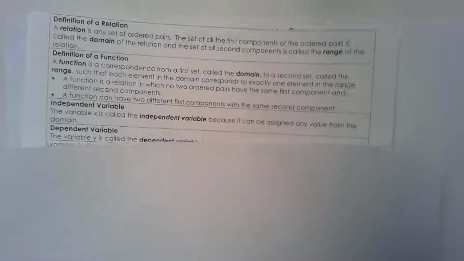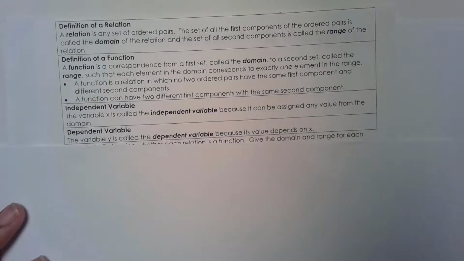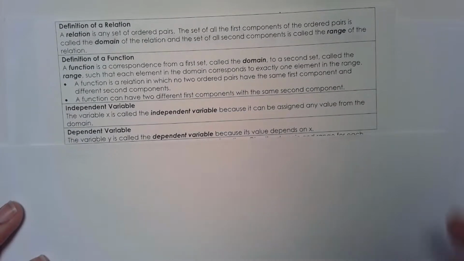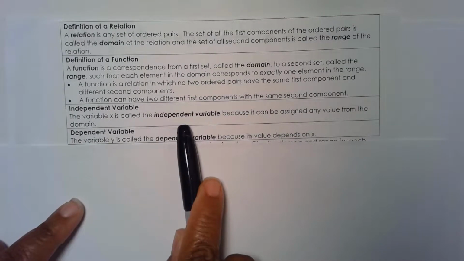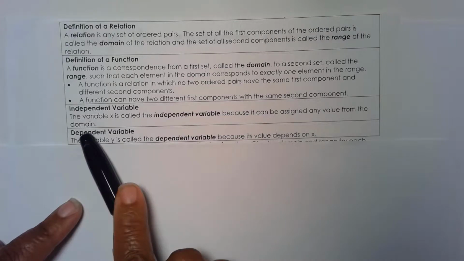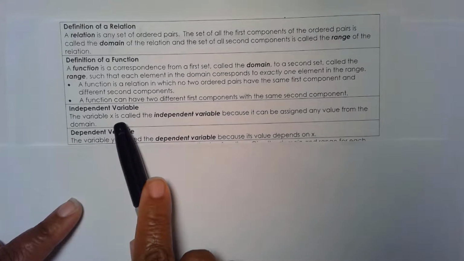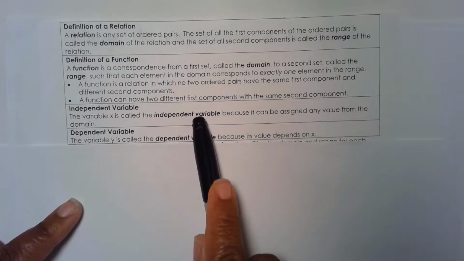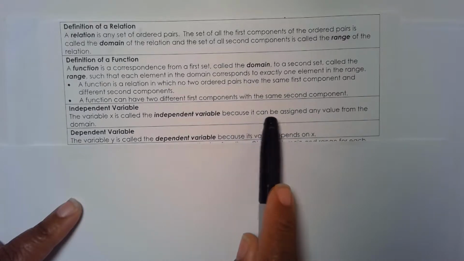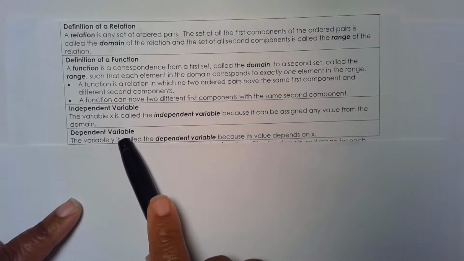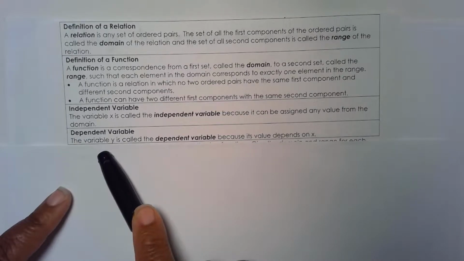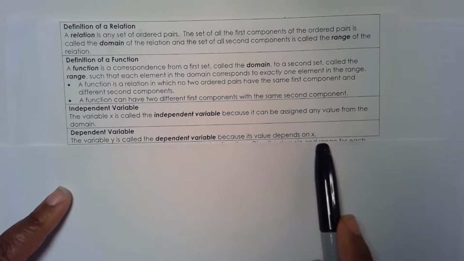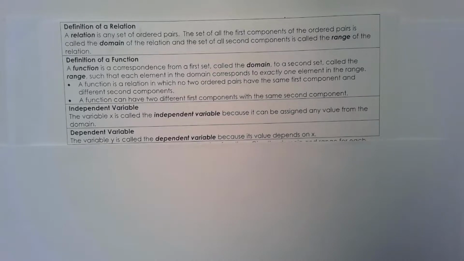When we talk about the independent variable, it's the variable x, which is called the independent variable because it can be assigned any value from the domain, and the dependent variable is the variable y, because its value depends on x.